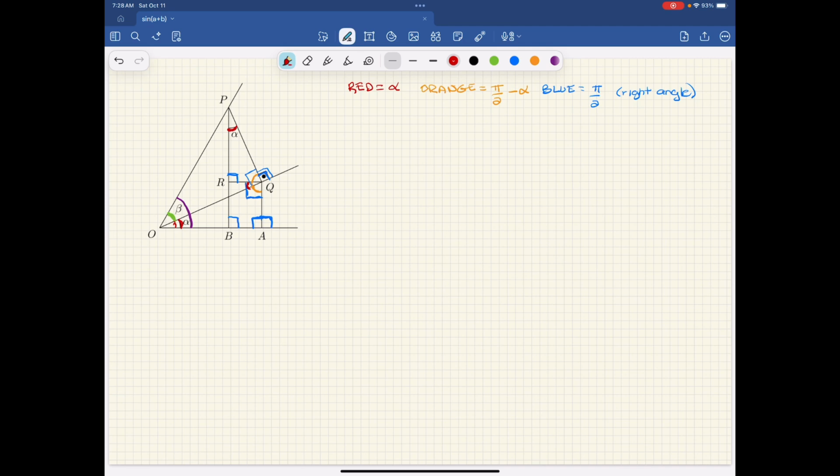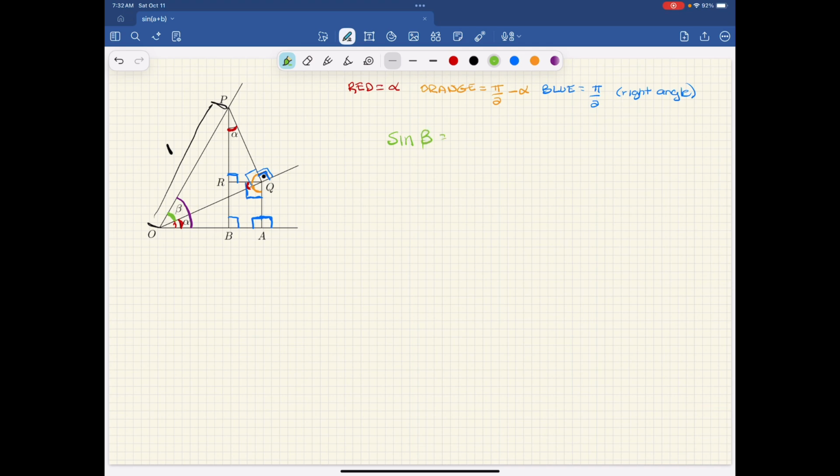Now we'll note that we did not define the lengths of any of these line segments, and we have full freedom to define the length of any one of the segments, any length we want, then all of the other ones would follow. So we're going to take this line segment here, OP, and we're going to call that length 1. Now let's ask ourselves the question, what can we say about the sine of the angle beta?